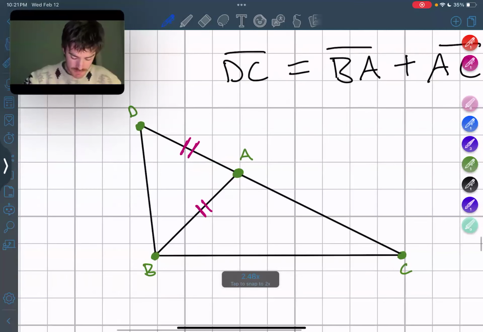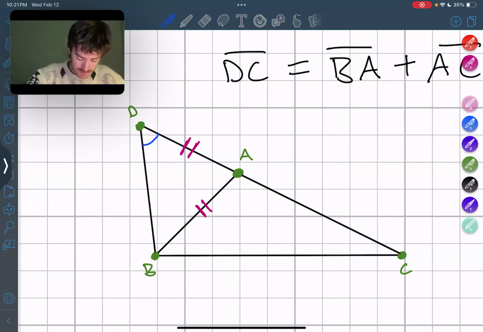All right. Now this is a triangle with two congruent sides, so it's an isosceles triangle. And using the isosceles triangle theorem, we can state that these two angles are congruent. Let's call them alpha. So we know that alpha 1 is congruent to alpha 2.